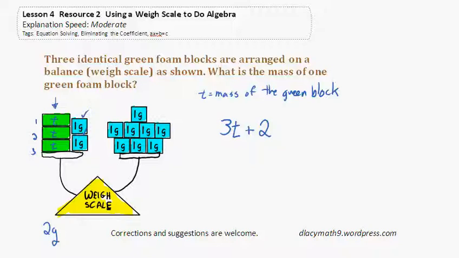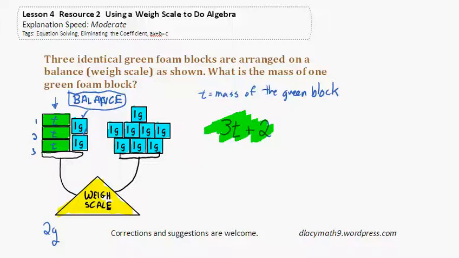Now, the other thing I want you to absolutely notice is that this system is in balance. It only works if it's in balance. If it was tipped to one side or the other, we could not find the value of t. Anyway, what I've drawn so far is the left side of the equation.